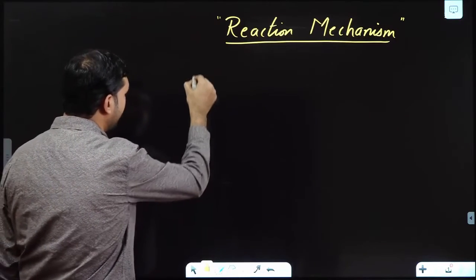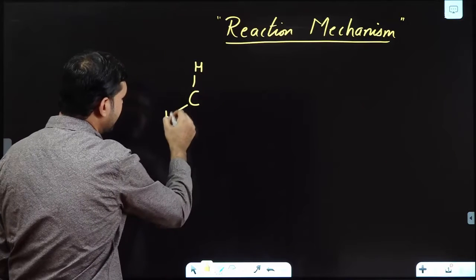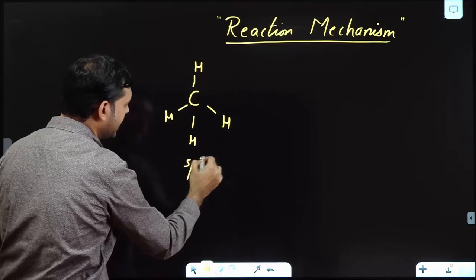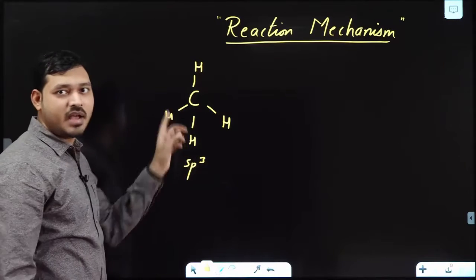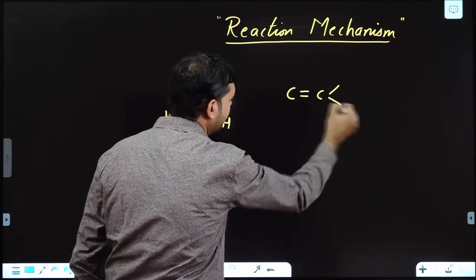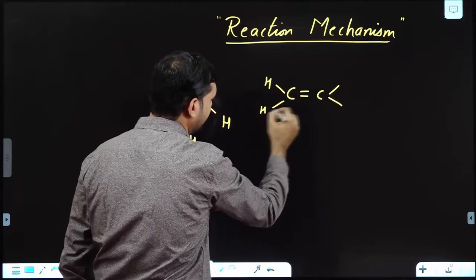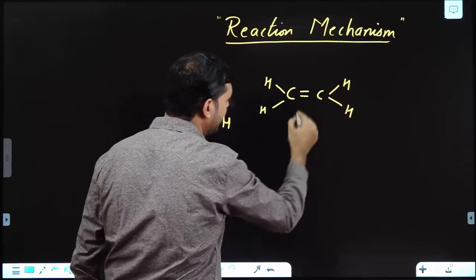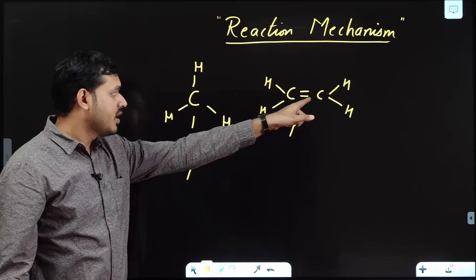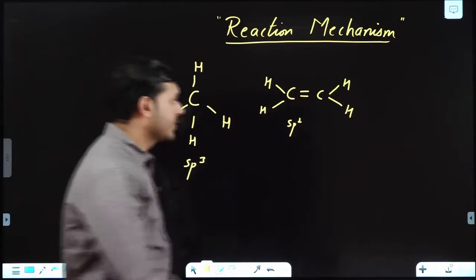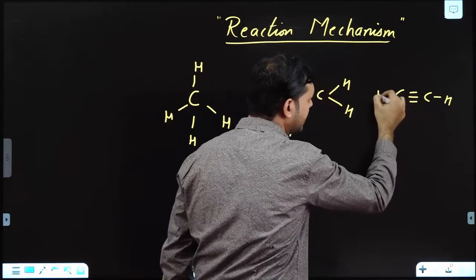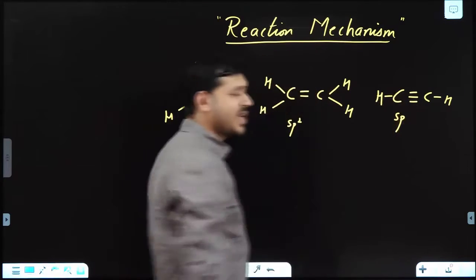Carbon. If we simply say, this is an sp3 hybridized carbon atom having 4 sigma bonds. Now if I take the example of this compound, then this carbon is sp2 hybridized. It can form a double bond as well. In this compound, this carbon is sp hybridized.